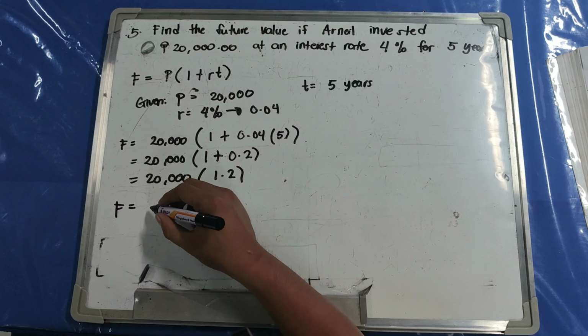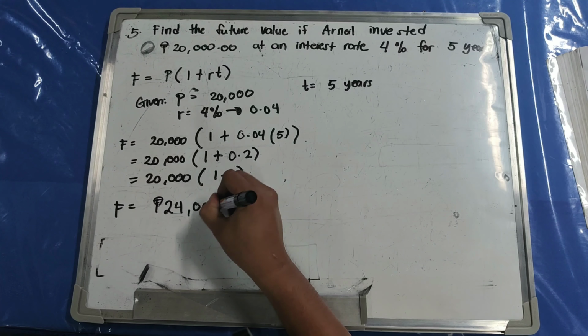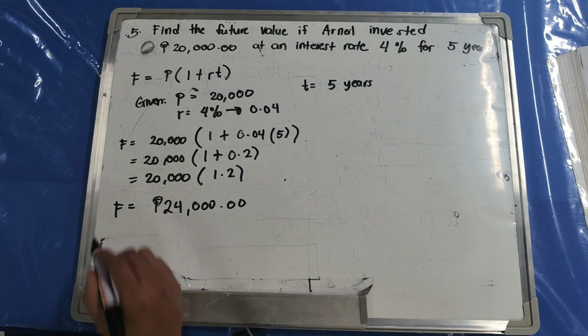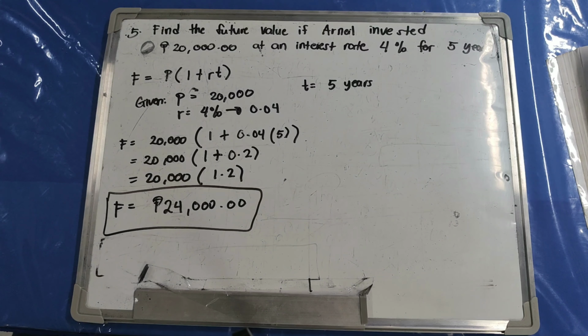So the future value after investing 20,000 pesos is 24,000 pesos. Again, the future value after investing 20,000 pesos at an interest rate of 4% for 5 years is 24,000 pesos.